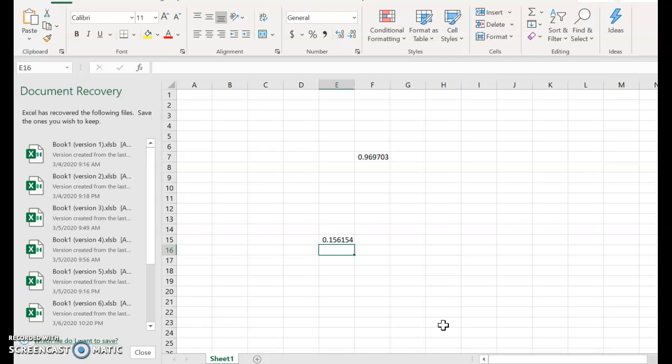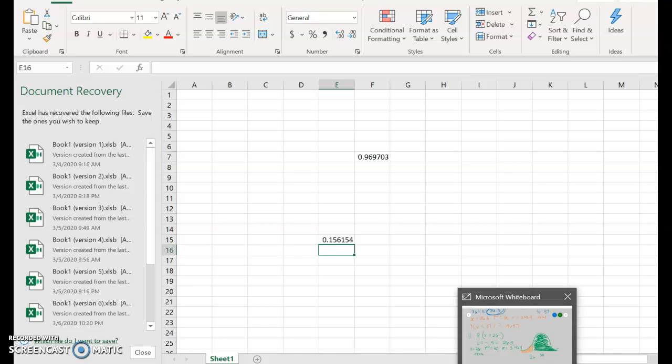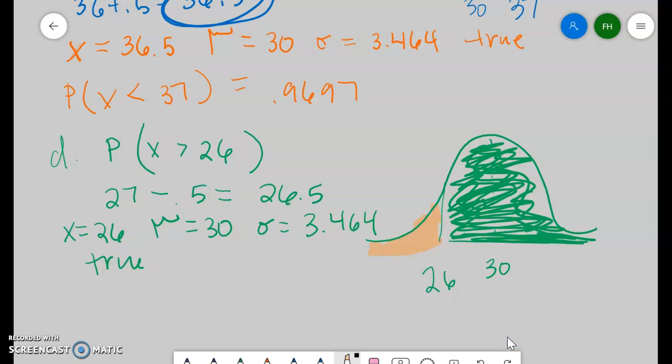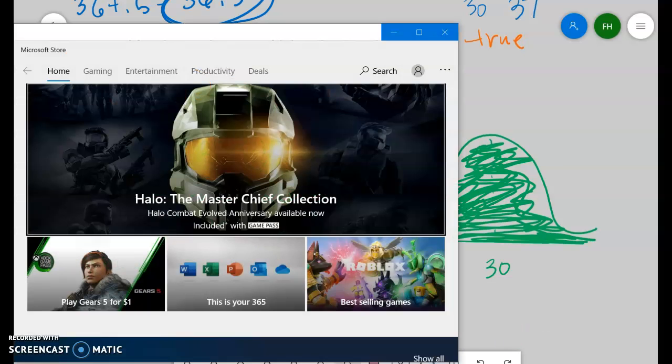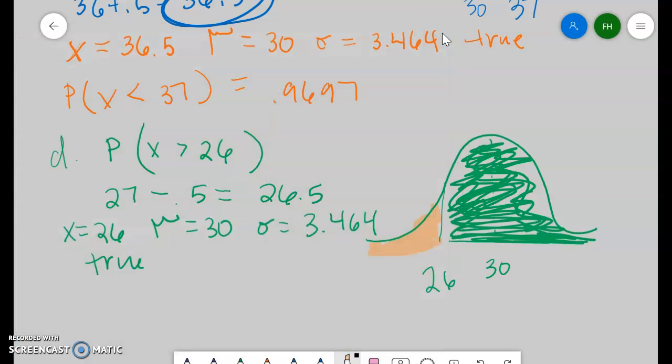So the area is 0.1561, I believe. So this side is 0.1561.